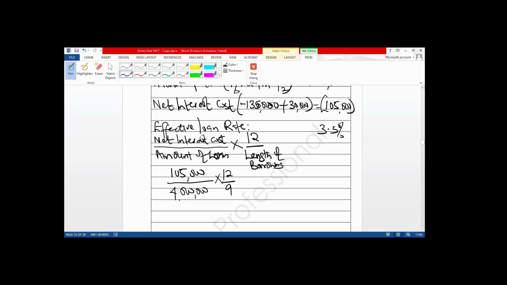That means instead of borrowing at 4.5% actual borrowing rate, by hedging using interest rate futures, your borrowing rate has reduced to 3.5%. That is the effective loan rate.